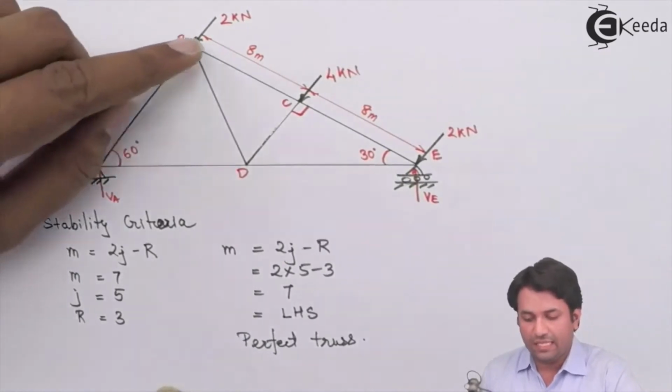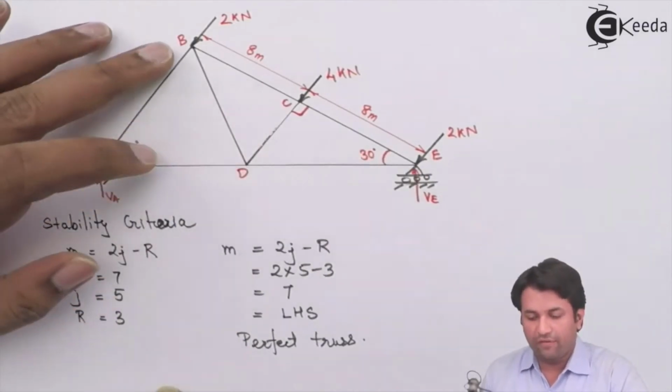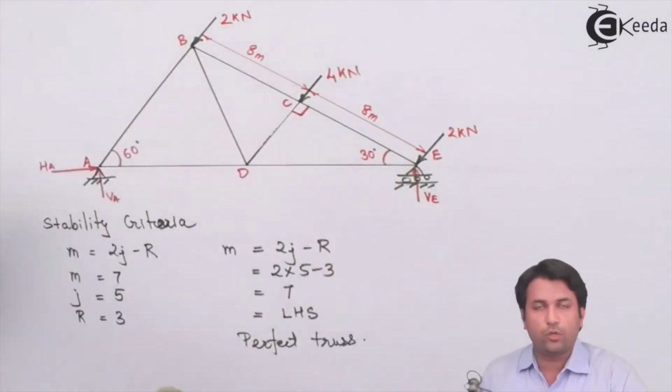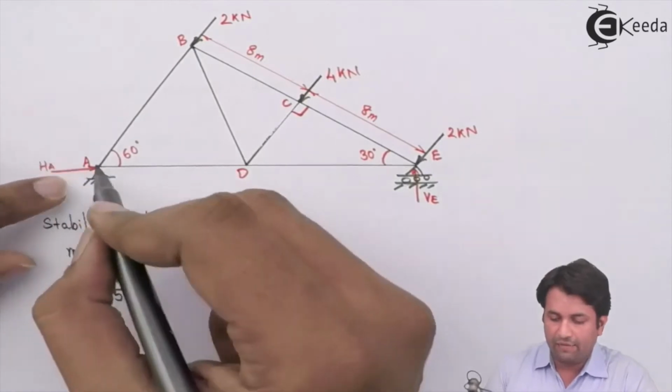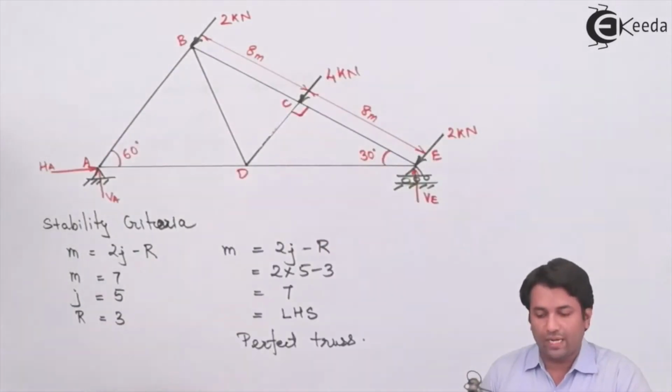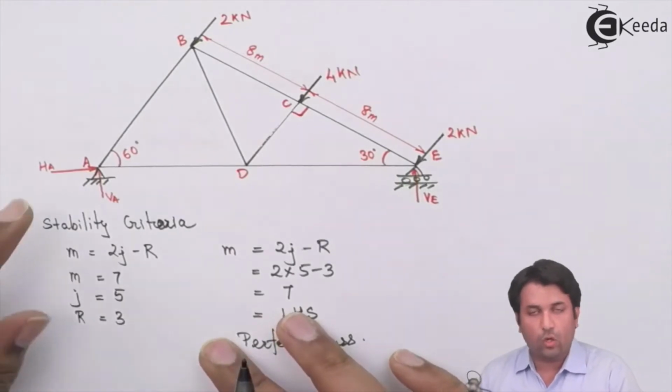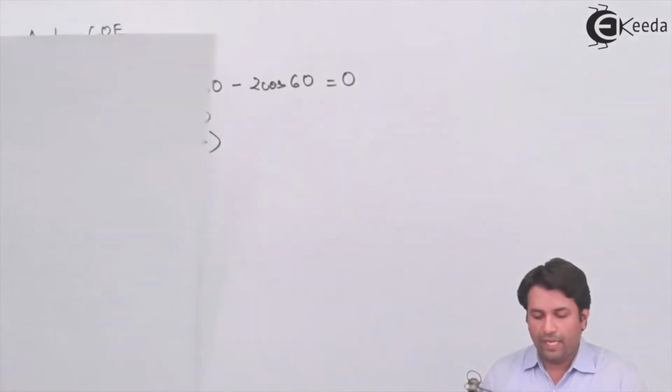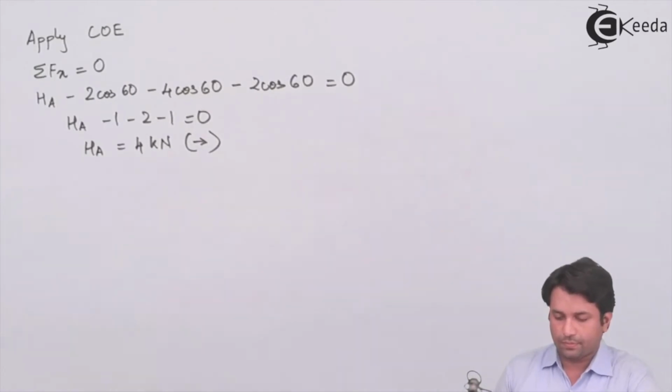When I resolve these three forces, 4 kilonewton force, 2 kilonewton force and this 2 kilonewton force, the angle that is given to me is 60 degrees. So when I resolve these three forces, the reaction that I'm getting for the horizontal force comes out to be 4 kilonewton.